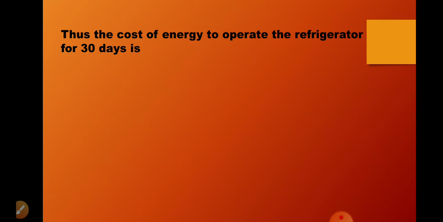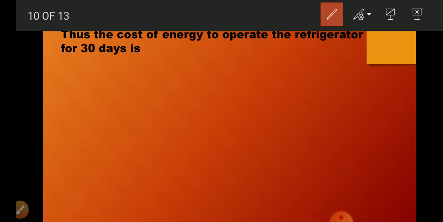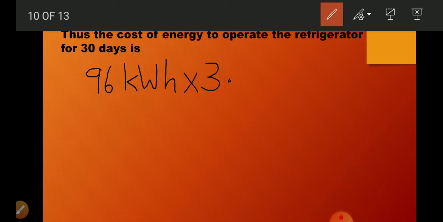So we have got 96 kilowatt hour into 3 rupees. Per kilowatt hour it is 3 rupees.